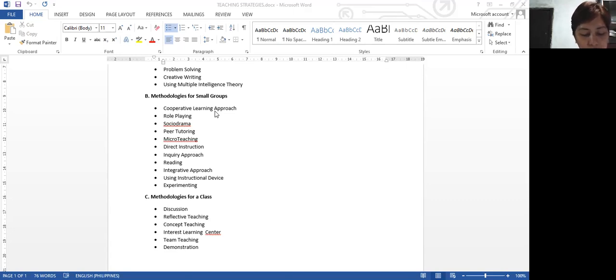Teams are made up of members with mixed abilities, high, average, and low achievers. Okay, so in cooperative learning approach, the teacher should make sure that not all of the fast learners are grouped in one, and not all of the slow learners. It should be mixed for the group to have balance.